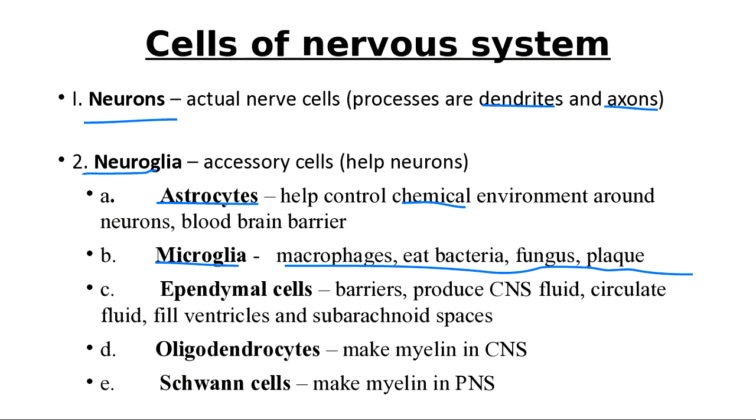Ependymal cells are the lining between the fluid-filled ventricles and the brain proper, central nervous system proper, brain, spinal cord. They fill the subarachnoid spaces around the brain and spinal cord. Oligodendrocytes make myelin in the central nervous system. Schwann cells make myelin in the peripheral nervous system.